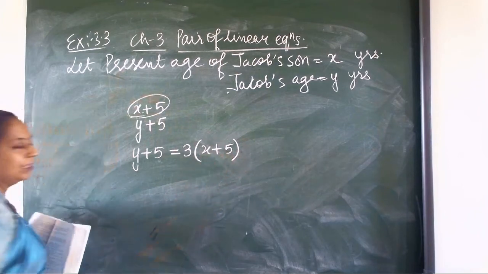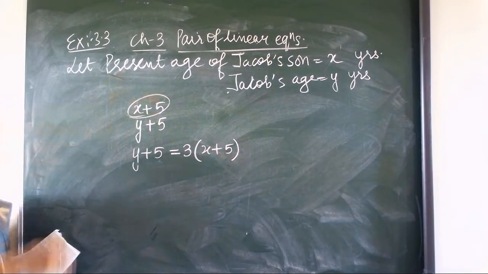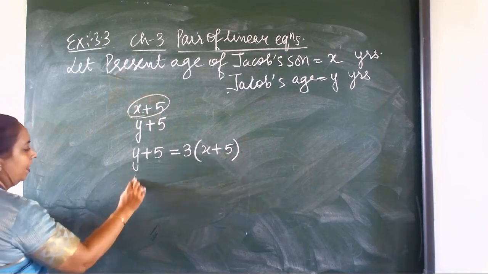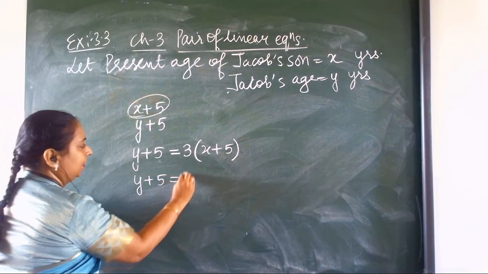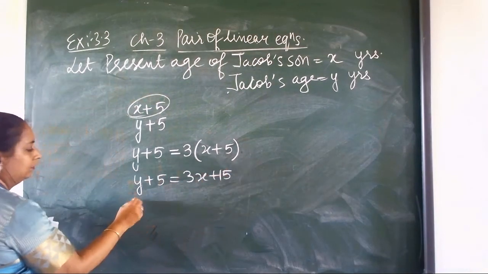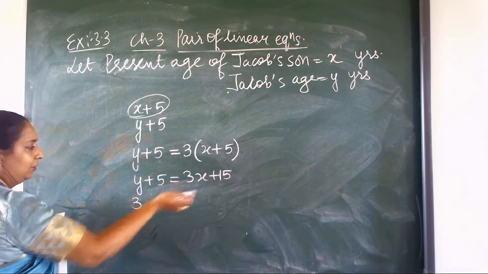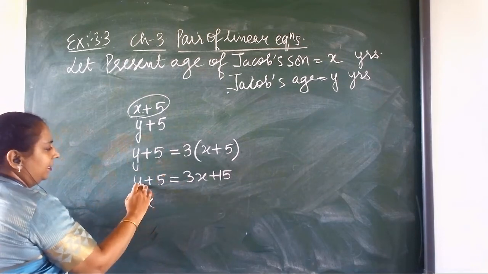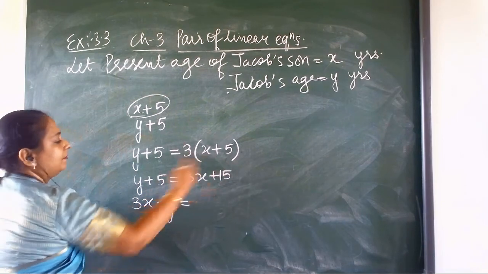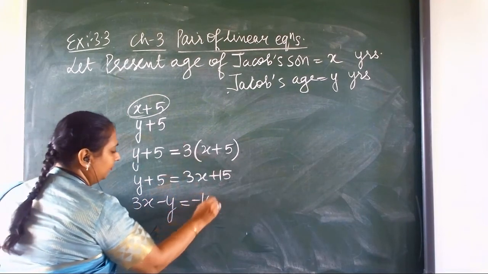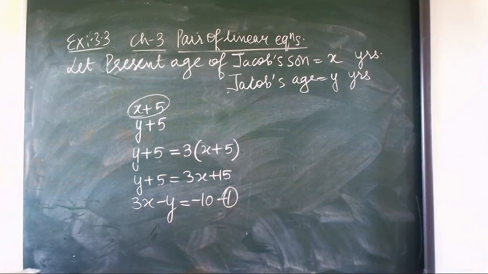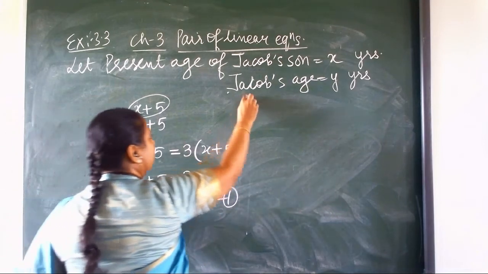Now this is the first equation. Now we simplify this equation into standard form. y plus 5 is equal to 3x plus 15. So bring, or you can take the other, 3x minus y is equal to 5 minus 15, that is minus 10. This is the first equation according to the first condition statement. Clear?